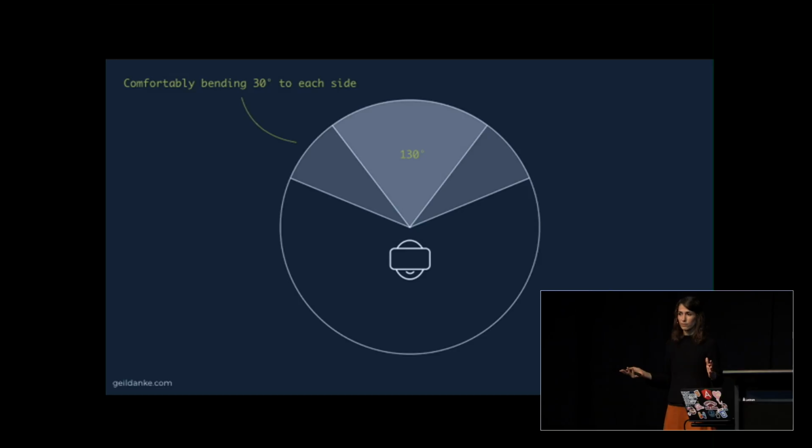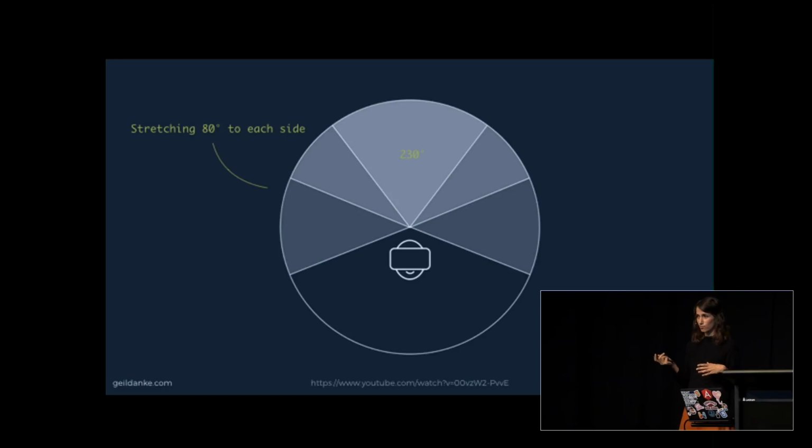And then, with turning the head to each side, comfortably around 30 degrees, or with stretching max 80 degrees, the range increases to 230 degrees. Of course, we could turn around and bend much more, but this means your main content should be within this range if you want to have your user engaging with it without effort.